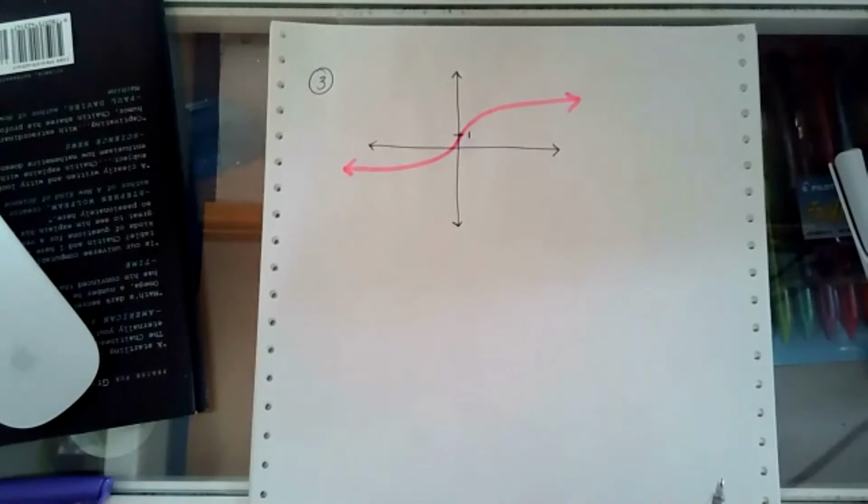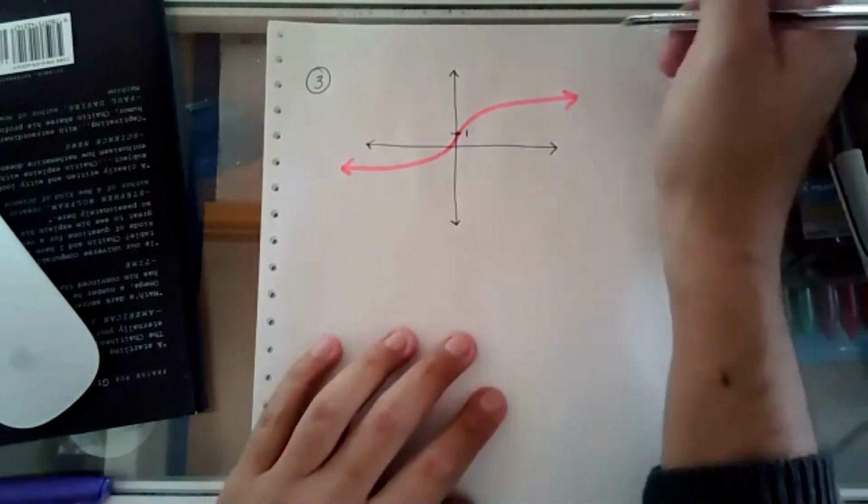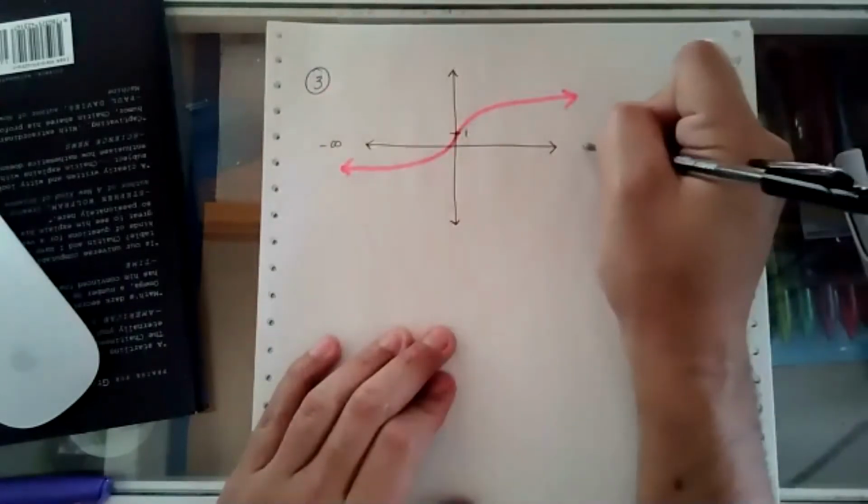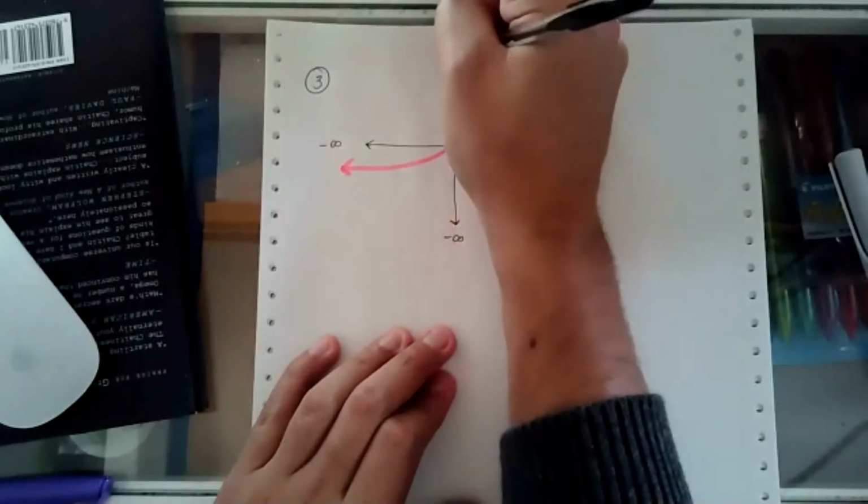Okay. And as always, this is negative infinity, this is positive infinity, negative infinity, and positive infinity.